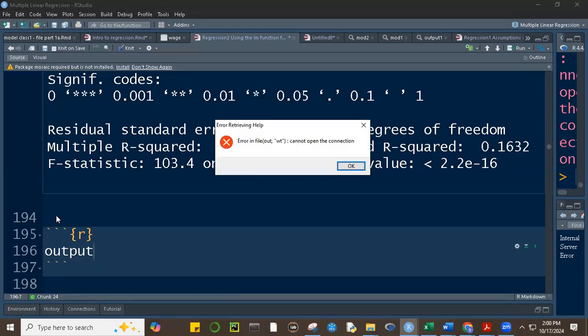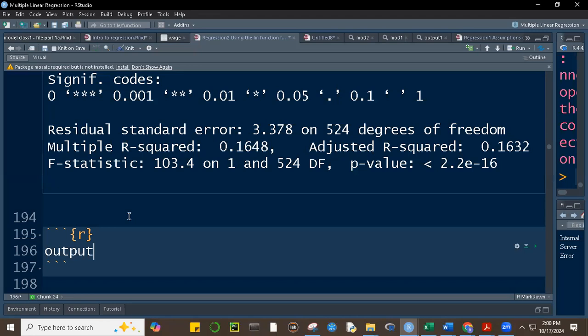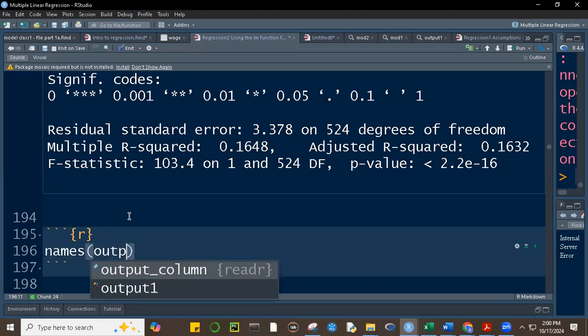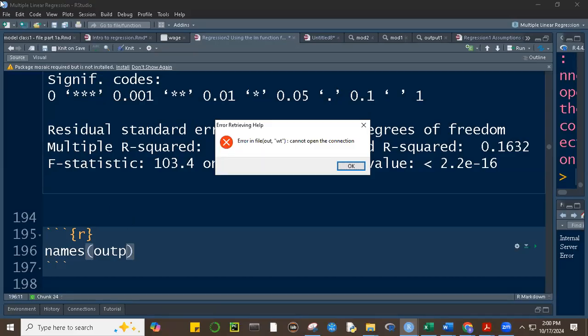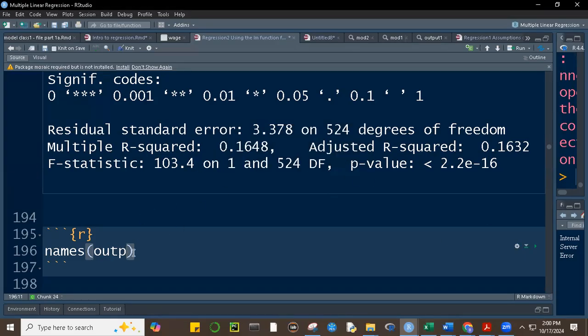Okay, so kanina pa, sorry, naglolo ko tong art ko. Names, output 1. This is really taking me output 1.